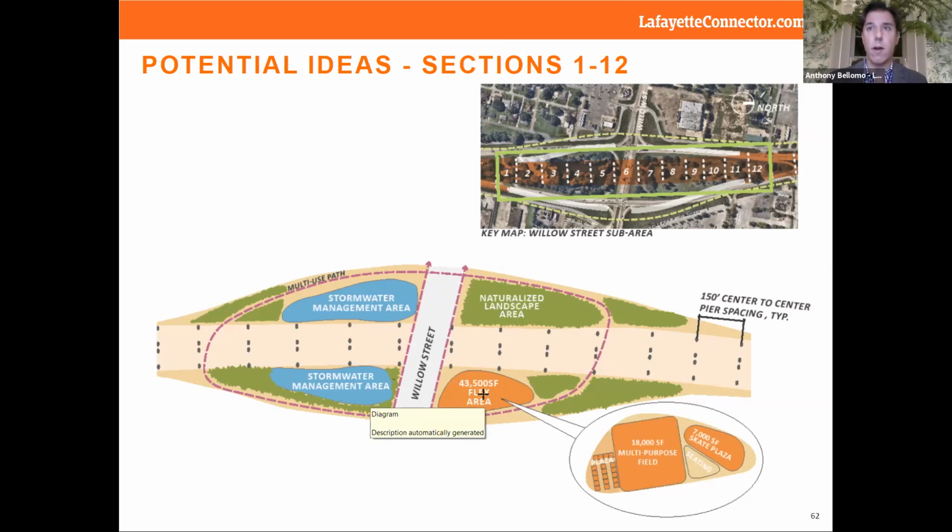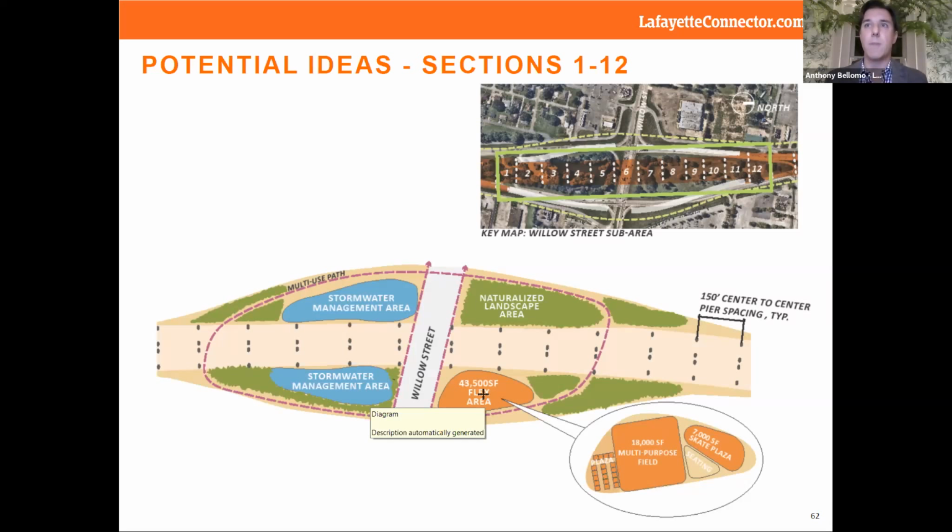So stormwater, but still be attractive, and there's potential to have trails, multi-purpose trails that are essentially transportation infrastructure components that are woven throughout. But it becomes more park-like.